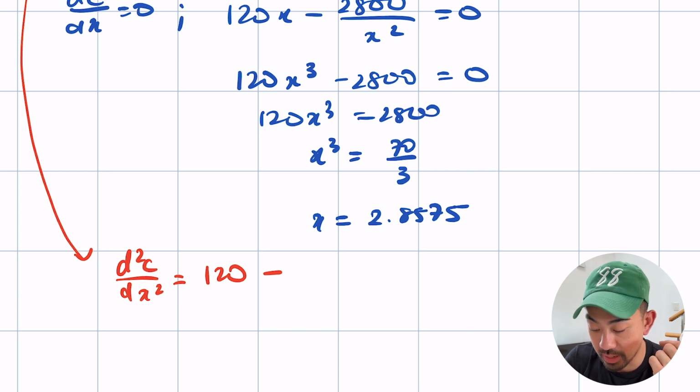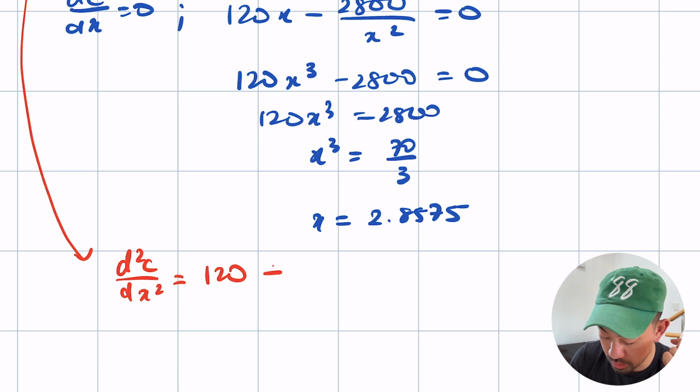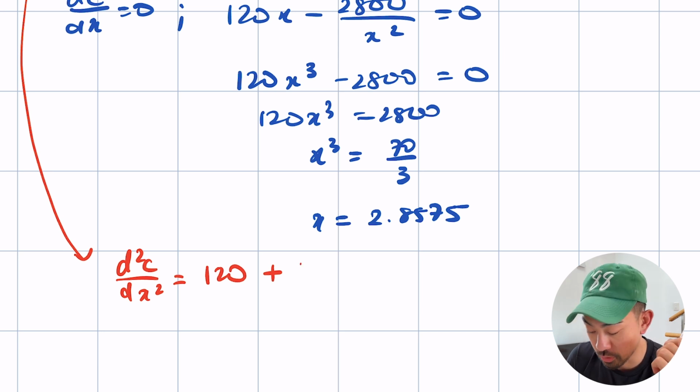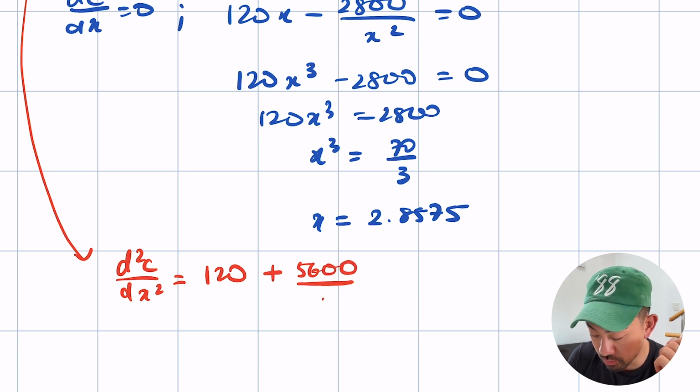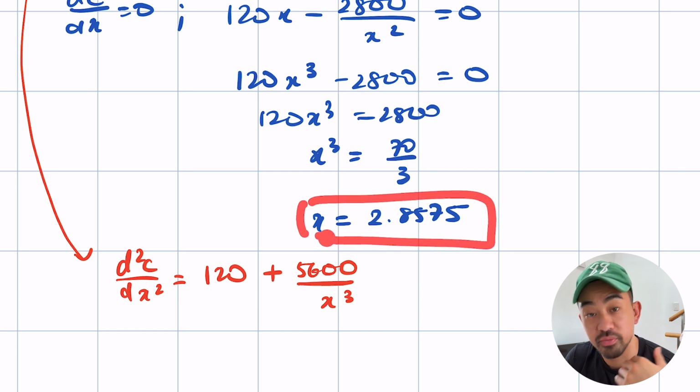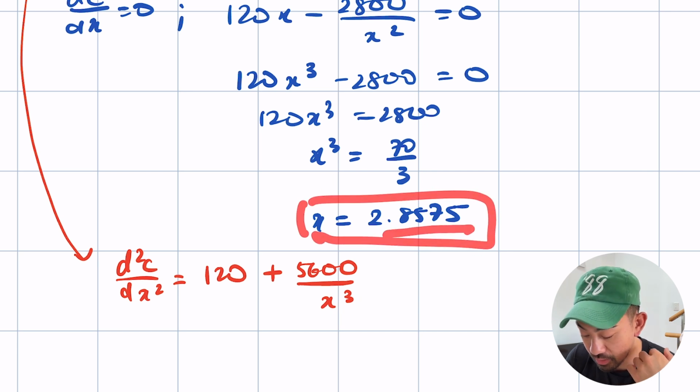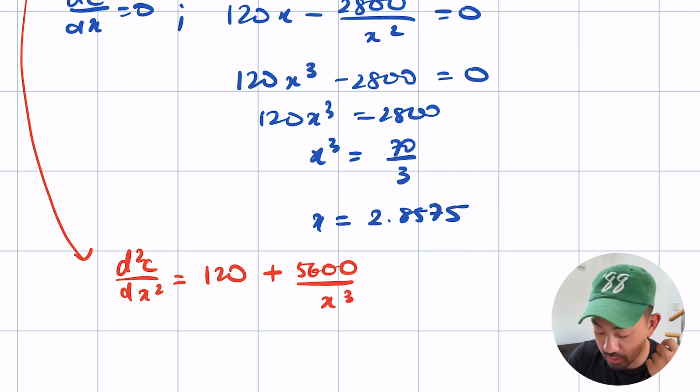Differentiate that, bring the power down. So 2 negatives, that's going to make that a plus. 2 times 2,800 is 5,600 over x cubed. And then once again, look here. No matter what value I put in for x here, well actually not no matter what, but if I put in this value here, 2.8575 into here, that's always going to give me a greater than 0.